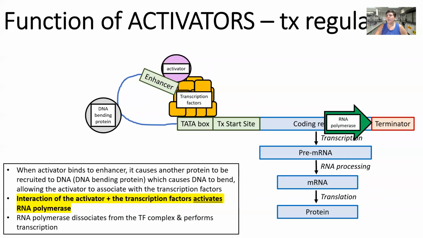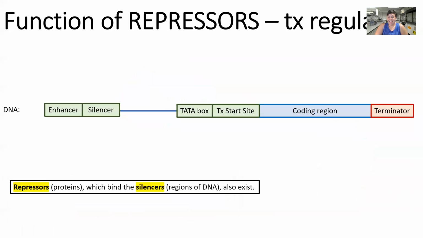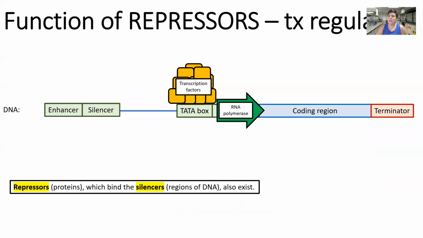Okay, so what about that other region of DNA, the silencer? Well, that's just the opposite of what an activator and enhancer complex does. If you have a repressor, the same thing will happen. RNA polymerase is always going to be recruited to the transcriptional start site. You're still going to get general transcription factors recruited to the TATA box.